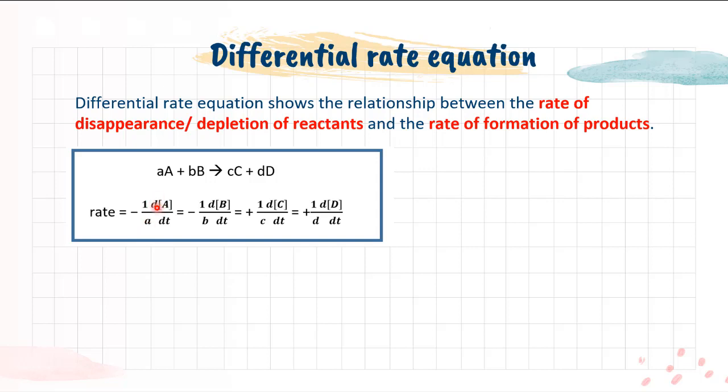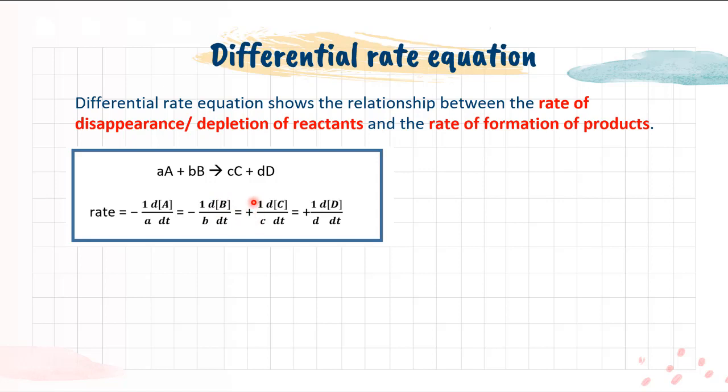And then we have d concentration A over dt. Similar for our reactant B, negative sign represents the rate of disappearance. So 1 over b, coefficients in the balanced equation become the denominator. So d in the square bracket B over dt.